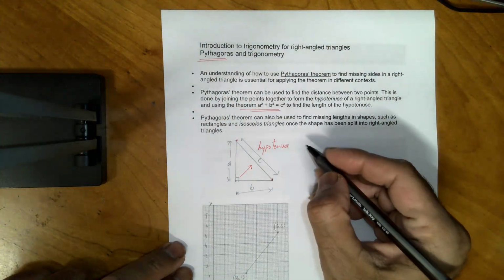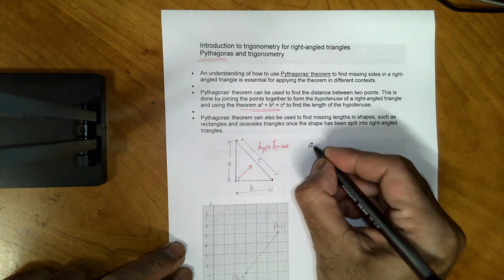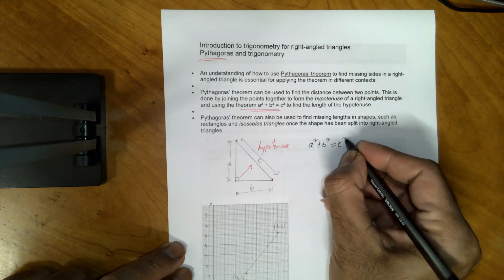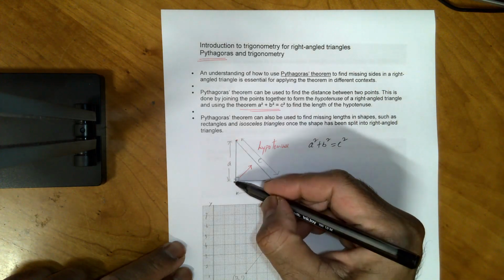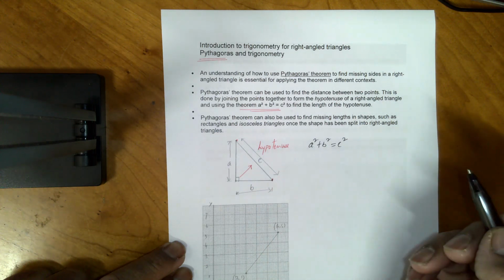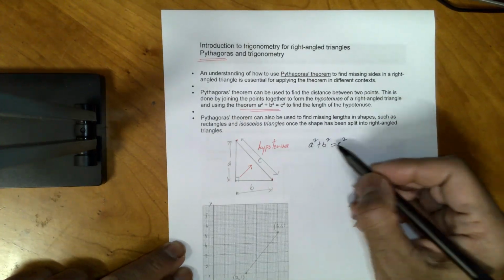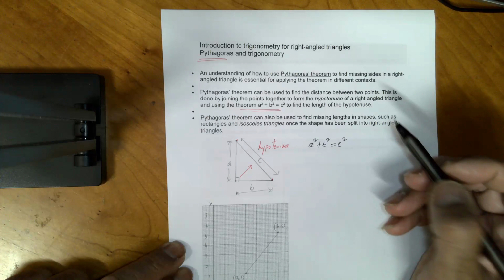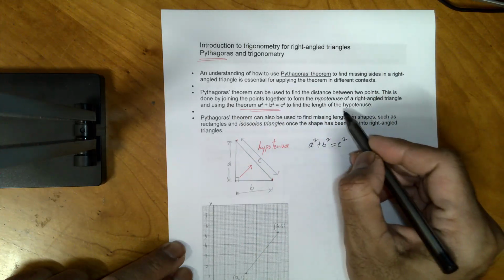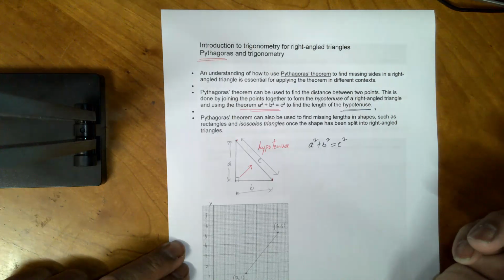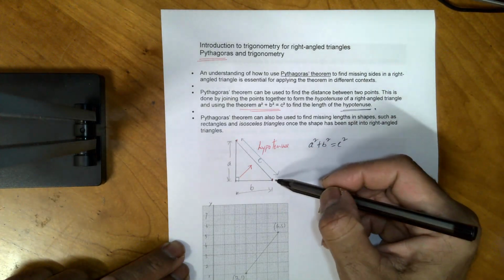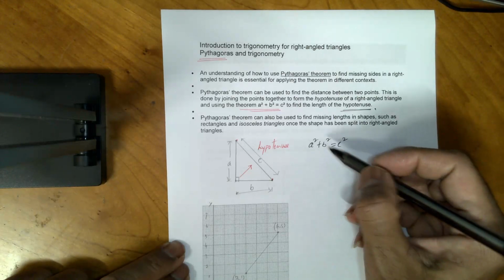So the theorem is A square plus B square is equal to C square. So always remember it's all square, to find the length of the hypotenuse. So if you need to find the length of the hypotenuse, you use this theorem.